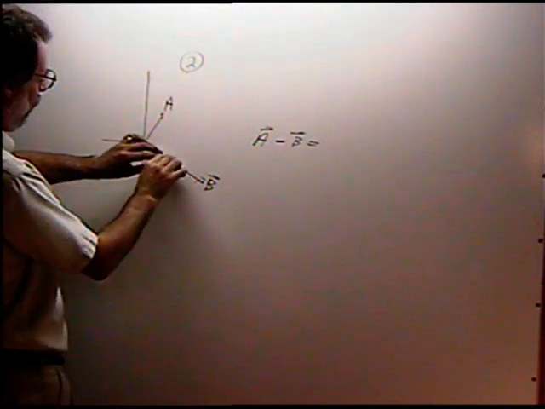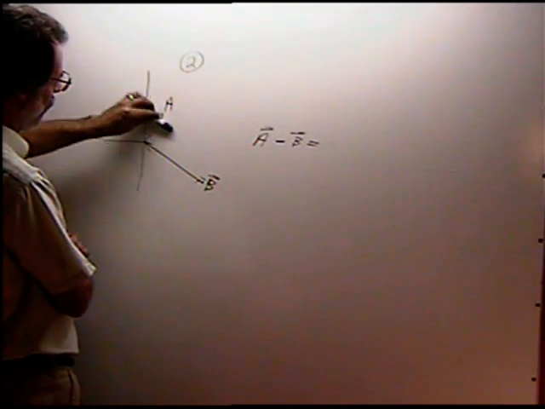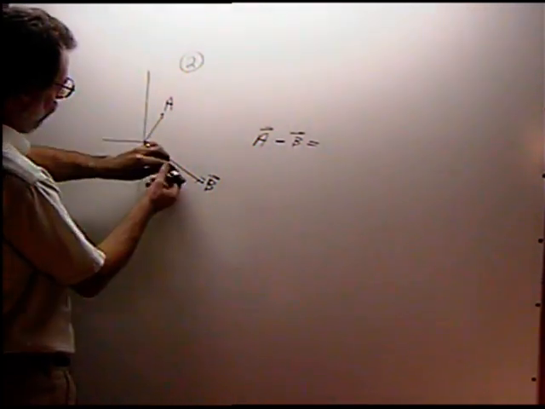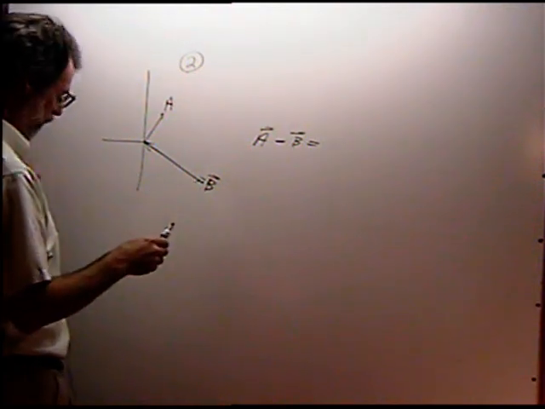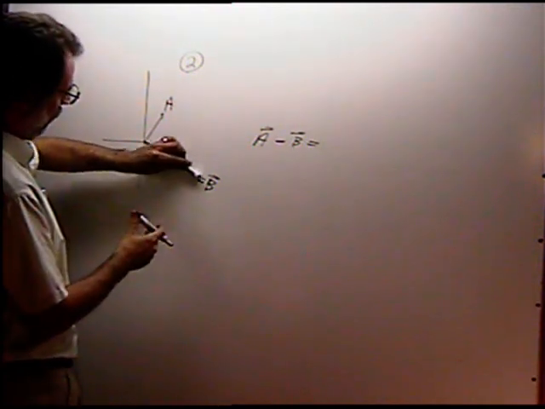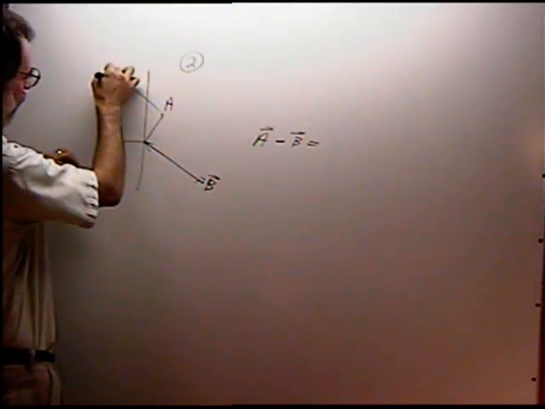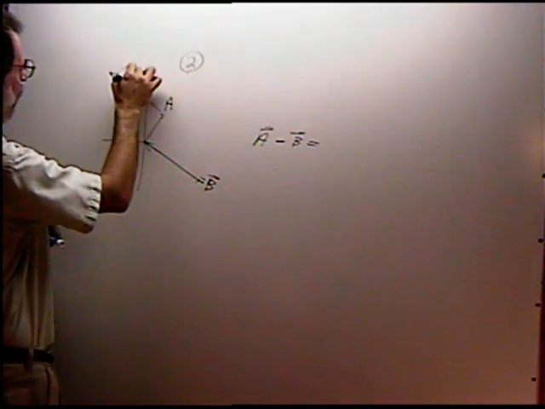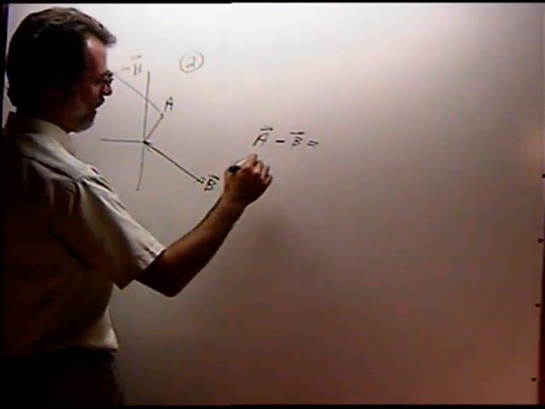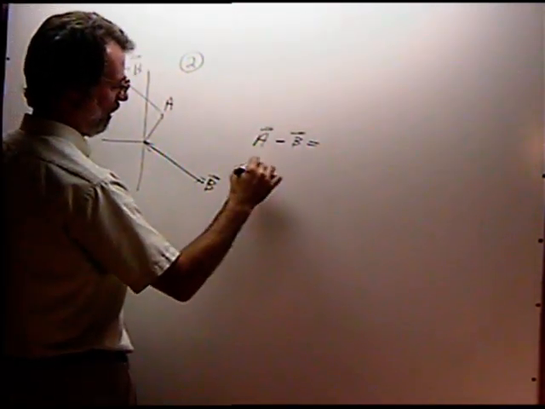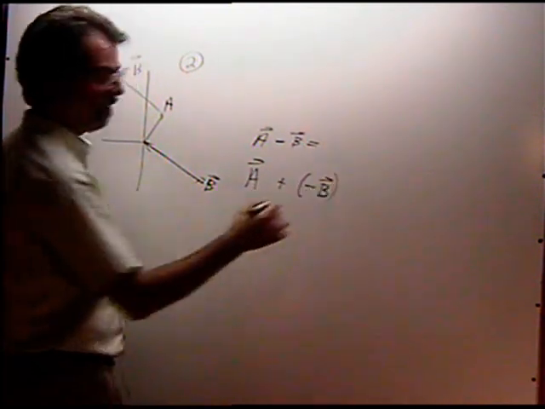Okay. Now I take this arrow, this vector, and I slide it up to this one. So if I do that, I'm just going to estimate this. I slide this up, and I would get something from here, and it would go up about like this. That's minus B. So basically, what I'm doing is I'm taking A, and I'm adding to that a minus B. Do you understand?